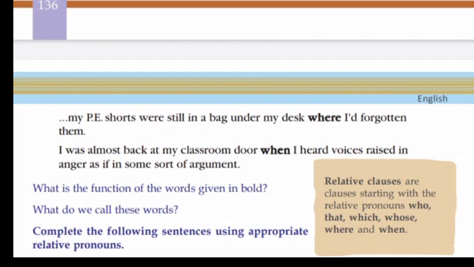That is, such words are called relative pronouns. I think you are familiar with this, children. A relative pronoun is used to connect a clause or phrase to a noun or pronoun. See here, relative clauses are clauses starting with the relative pronouns who, that, which, whose, when and where.